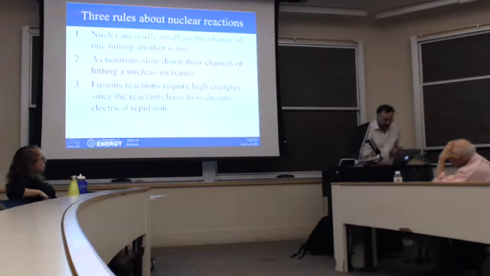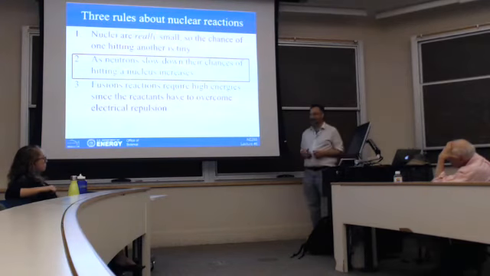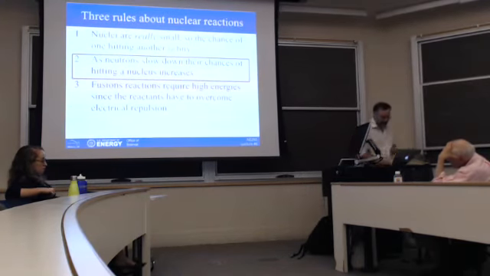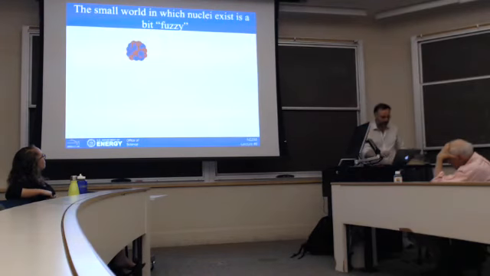Okay. Now we're going to go to rule number 2. As neutrons slow down, their chances of hitting the nucleus increases. Okay? So you can just take it by my word if you prefer, or you can try to follow this sort of a picture of notionally what's happening. So in the small world in which nuclei exist, things are a bit fuzzy.